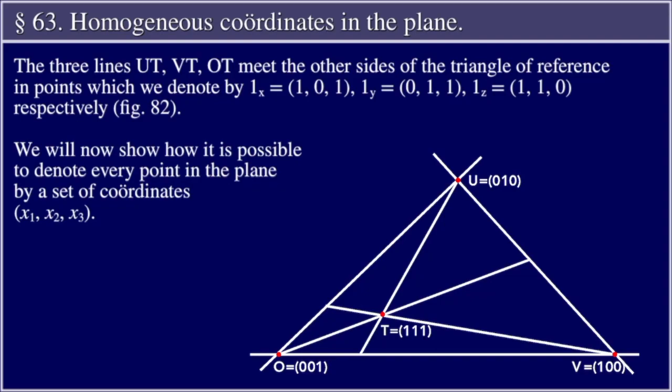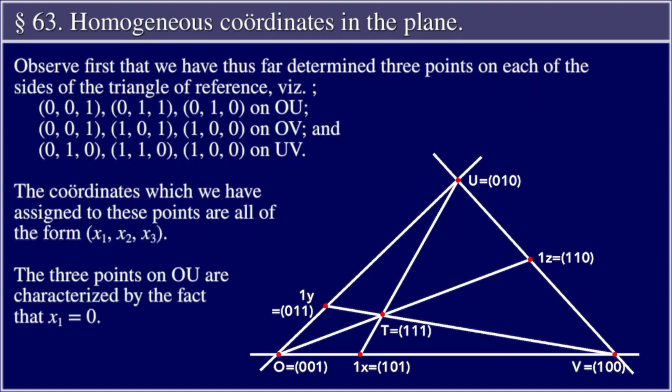The lines UT, VT, OT meet the other sides of the triangle of reference in points which we denote by 1_x equal to 0, 1, 1; 1_y equal to 1, 0, 1; 1_z equal to 1, 1, 0, respectively, figure 82. We will now show that it is possible to denote every point in the plane by a set of coordinates x1, x2, x3.